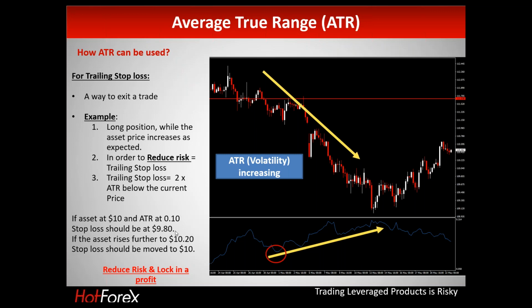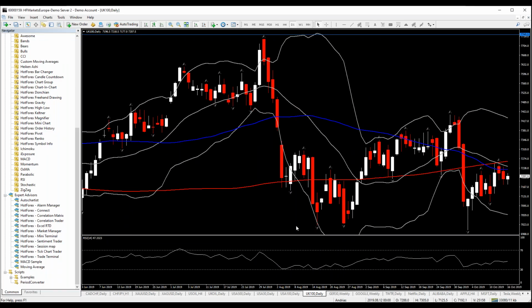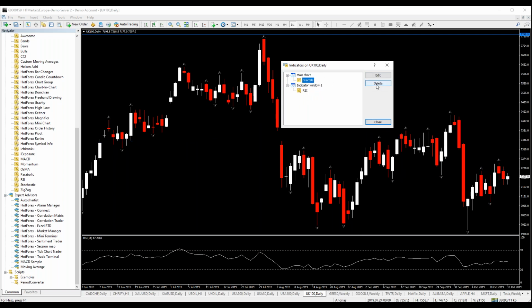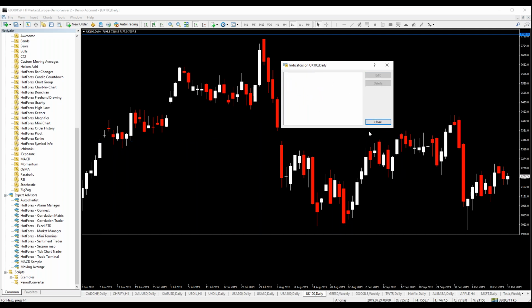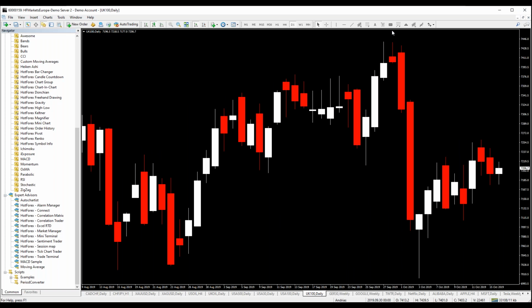Actually, let's take an example from the actual MT4 chart. Let me clear everything. That's the FTSE 100 chart.